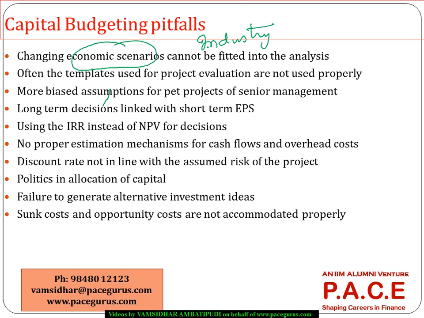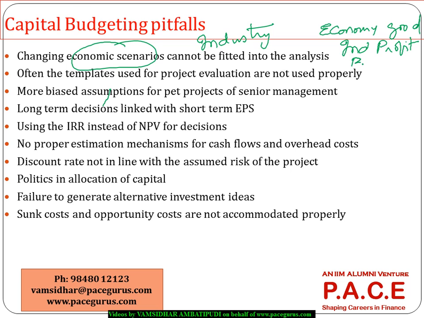See, especially when we are looking at, okay, the economy is really good, but barriers to entry for a particular business in an industry. Let's say the economy is very good, the industry is profitable, right?